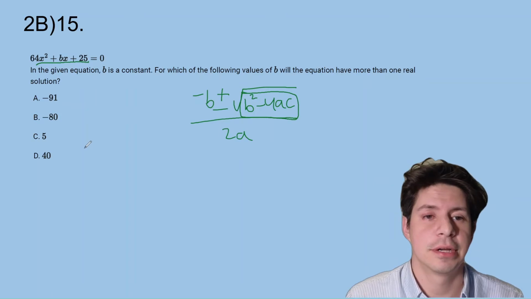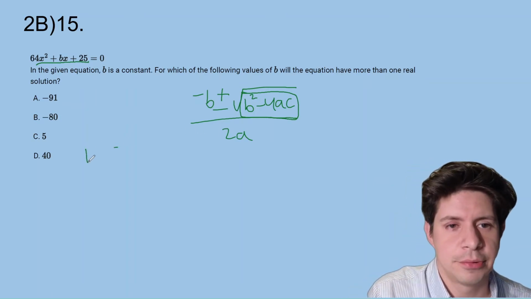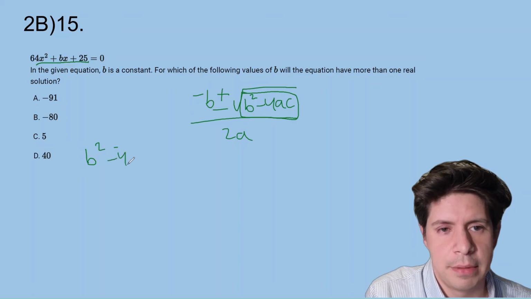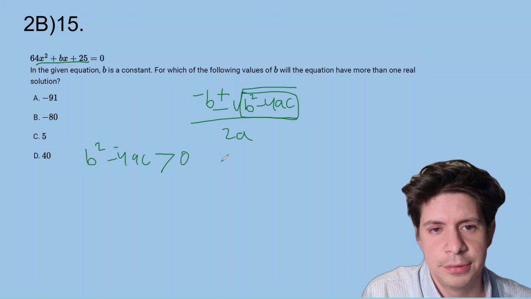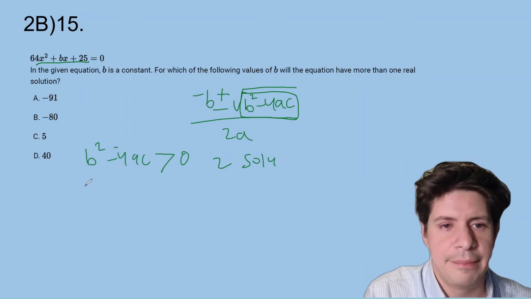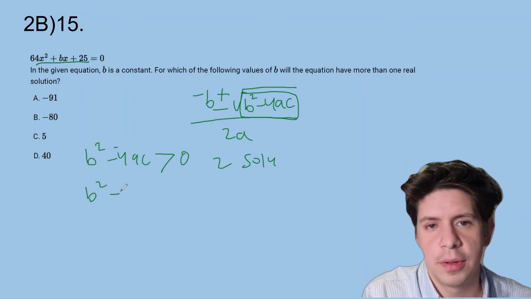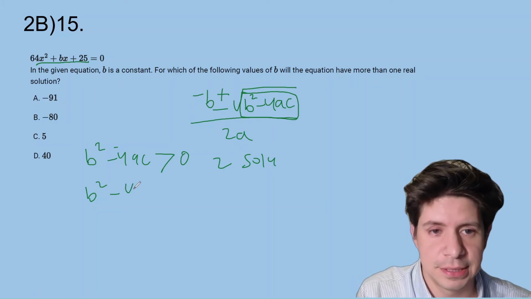If b squared, so I'll write that here, right? b squared minus 4ac is greater than 0, two solutions. If b squared minus 4ac equals 0, right? The square root of 0 is just 0, plus or minus 0 is the same thing.